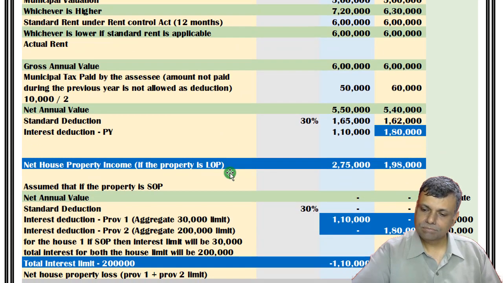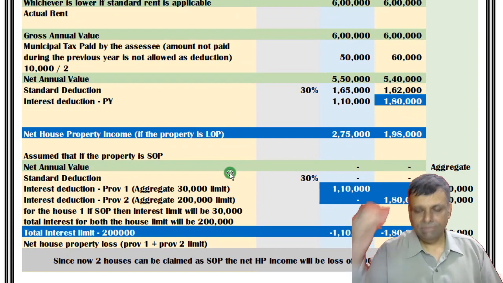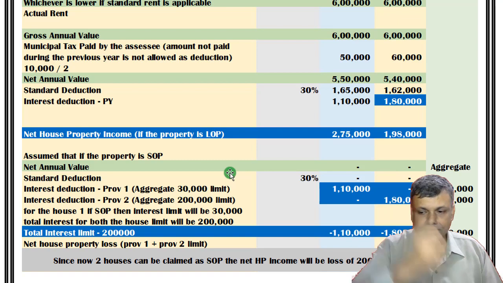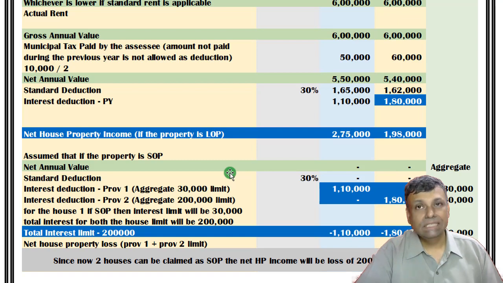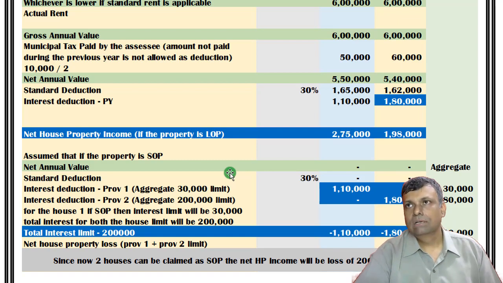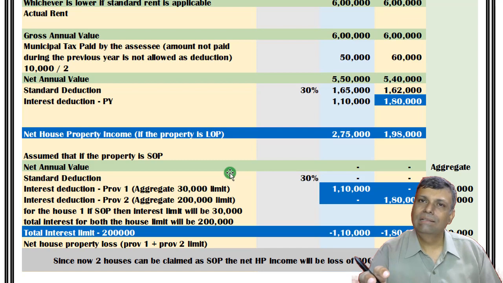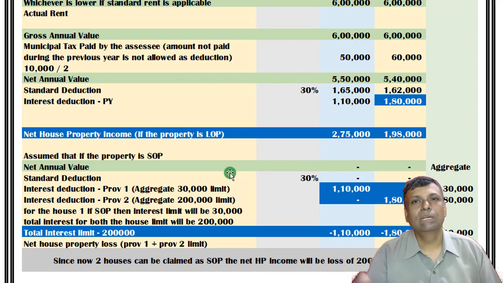Now friends, in this particular situation, if I do it in a very, very shortcut manner, listen very carefully, I can straight away say that the two houses you can claim as SOP.